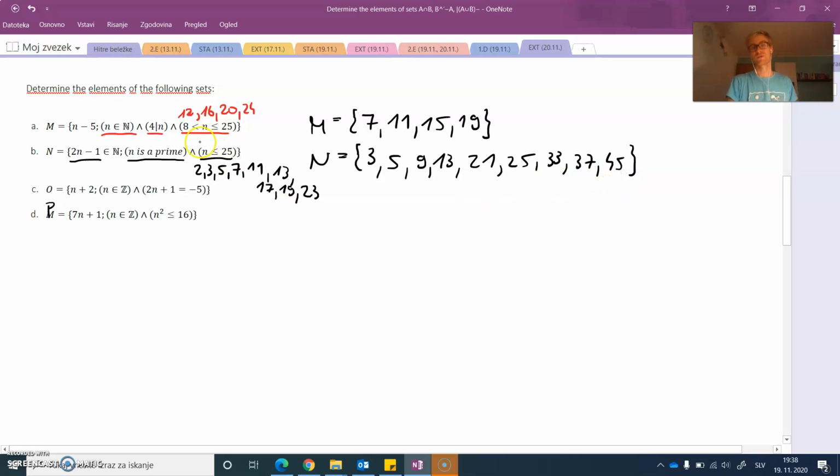You see, to all of those elements, I just multiplied them by 2 and subtracted 1 from them. The next one, you see, are basically all the integers that are solutions to this number here.